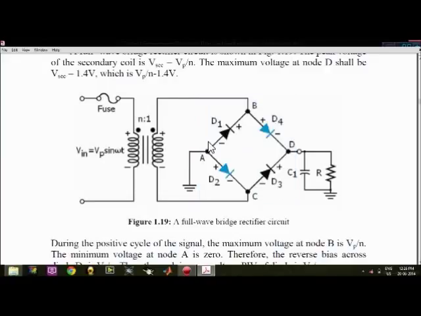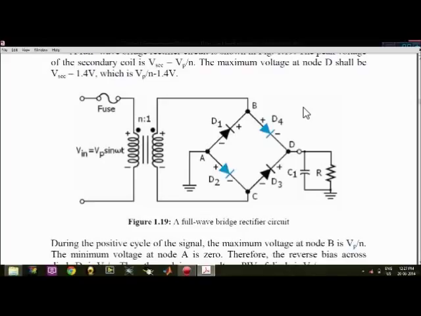For the first, positive cycle, the signal will pass through D4 and D2. So for the first cycle, D4 and D2 will be active, and for the second cycle, D1 and D3 will be active. So this arrangement of diodes is a bridge, which behaves as a full wave rectifier bridge.